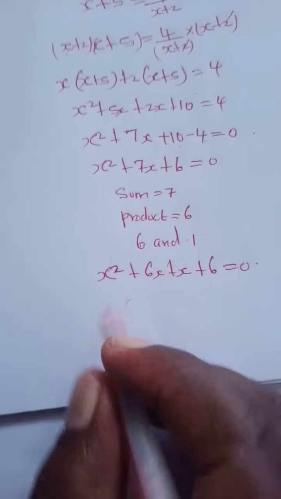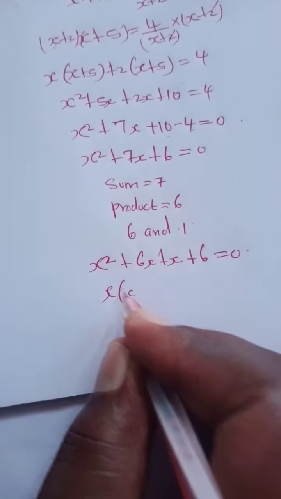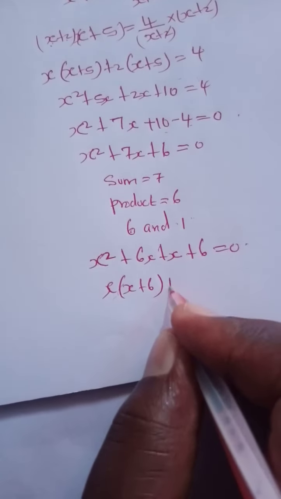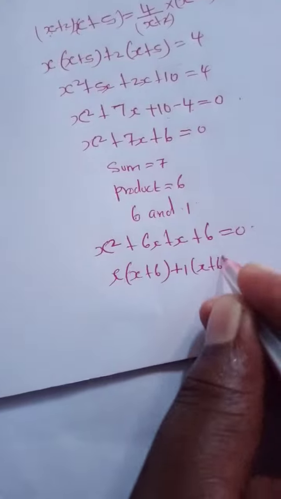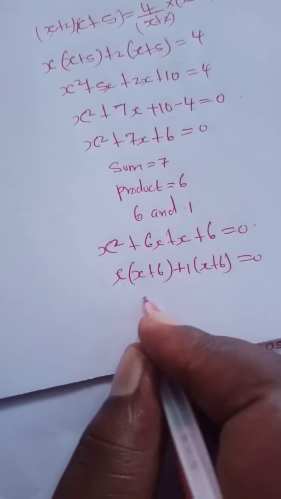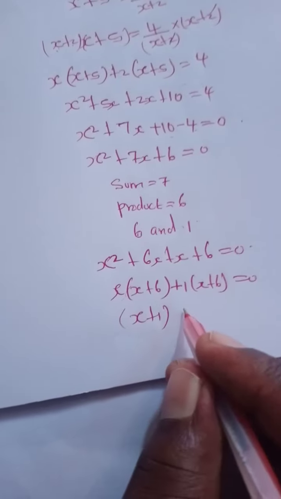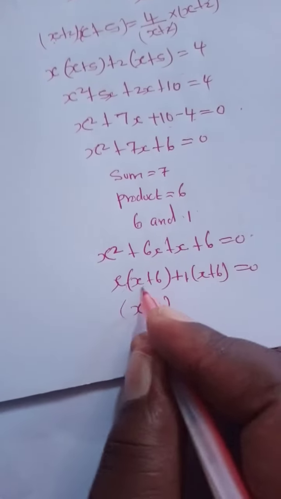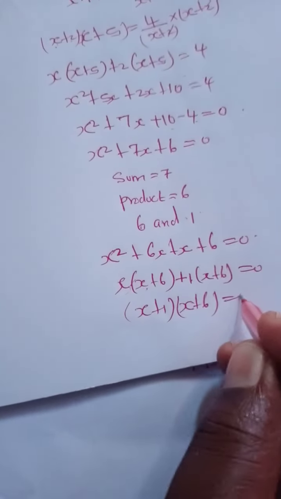So perform factorization here: x(x + 6) + 1(x + 6) = 0. So (x + 1)(x + 6) = 0.